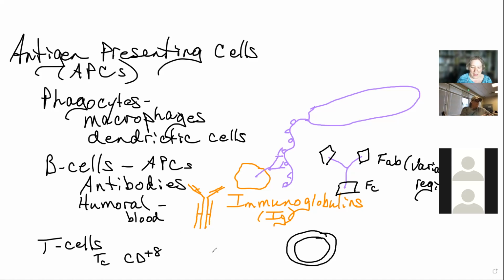Now, the other group of T cells that we're going to talk about in this class are helper T cells, or THs or CD4s. And the job of these two, we call this the cellular response or the cell-mediated response, because these guys go around looking for cells that are misbehaving. And then these guys go around and talk to the antigen presenting phagocytes, dendritic cells.